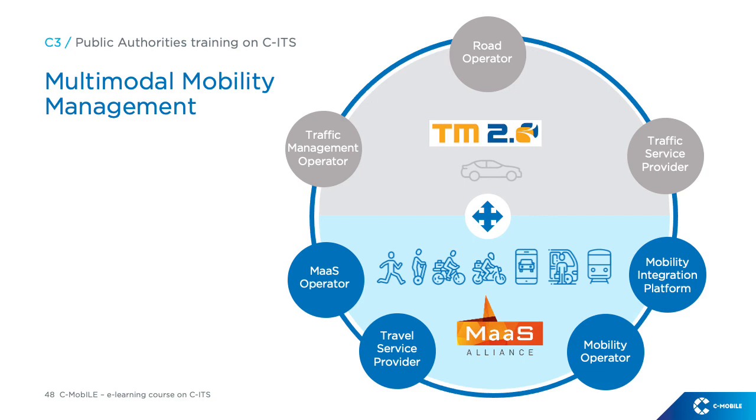By doing so, multimodal mobility management will pave a common path towards safe, efficient and pollution-free flow of people and goods, which will provide affordable, accessible, healthy and integrated mobility.